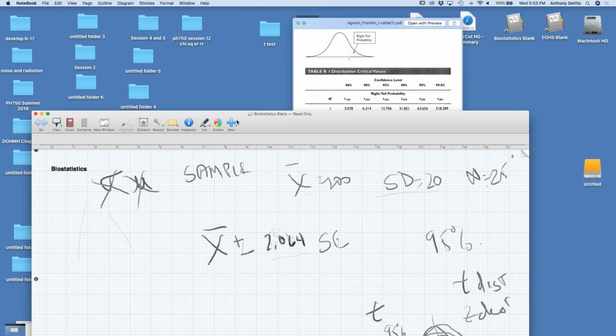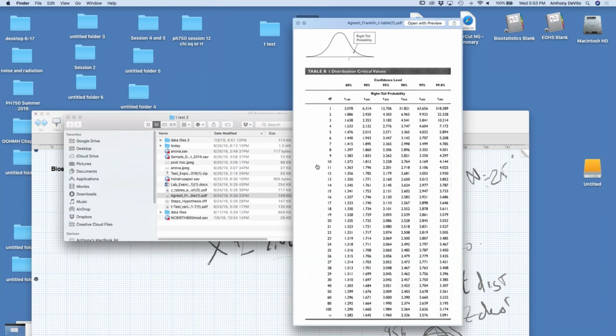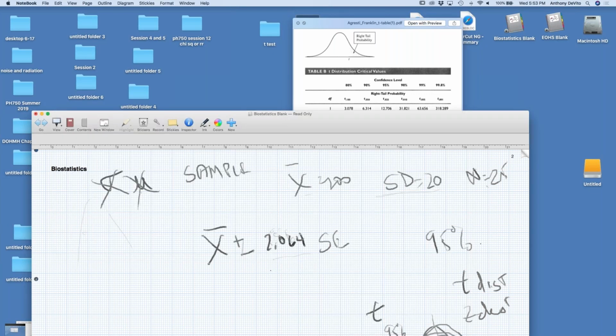Had it been a sample size of 10, we would have used 9 degrees of freedom and 2.262. Had it been a sample size of 25, we'd use 24 again, but if we wanted a 99% confidence interval, then it would be 2.797. See how that makes it wider, so we make up for that extra uncertainty because we don't know what sigma is. Okay, so what would I get here?